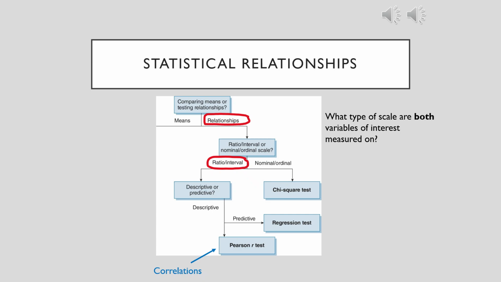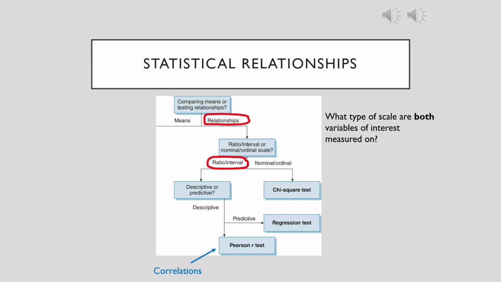Or with ANOVA, you're comparing multiple different conditions or situations in terms of their means. So those are all because you have different samples or different conditions, okay? But that's not really what we're interested in when we're talking about correlation or, in fact, regression.